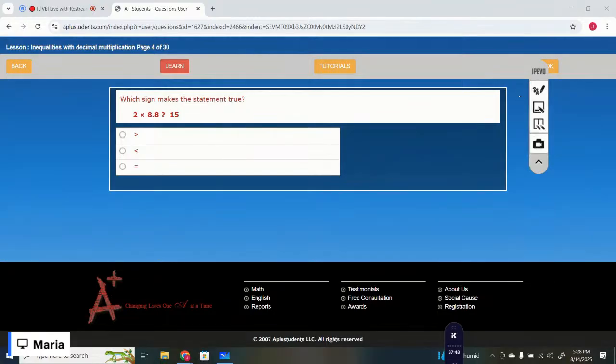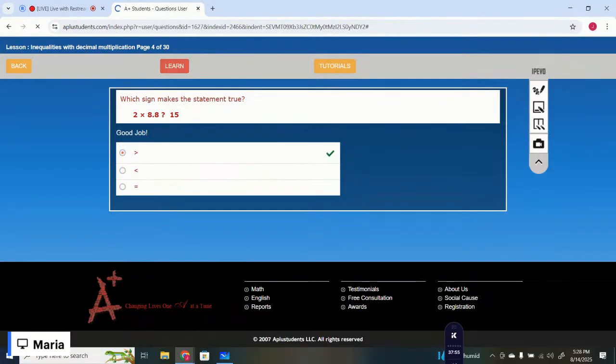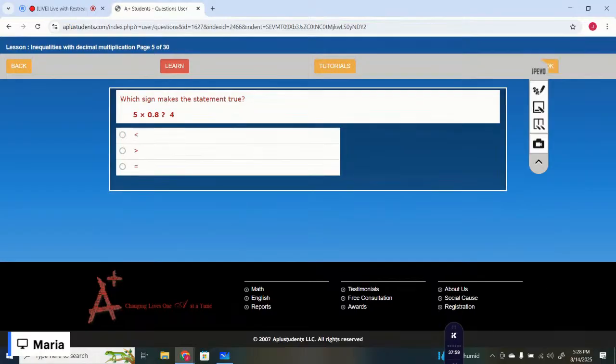Then that means 2 times 8.8 is greater than 15. 5 times 0.8 is 4, so 4 is equal to 4.